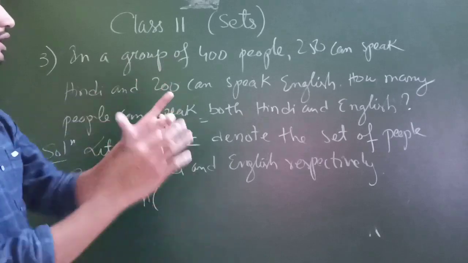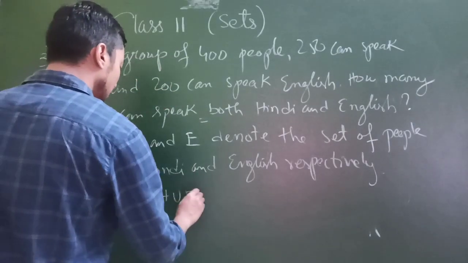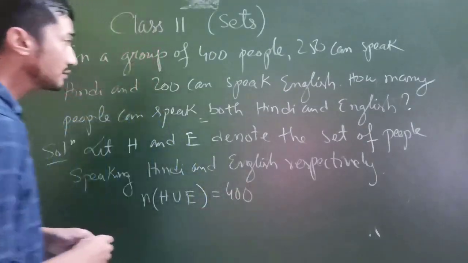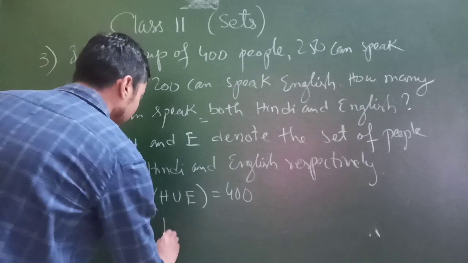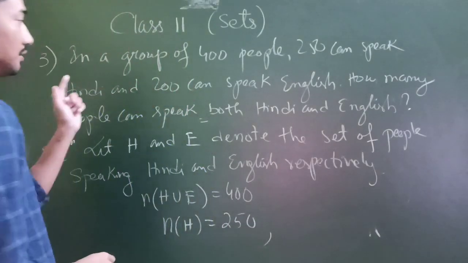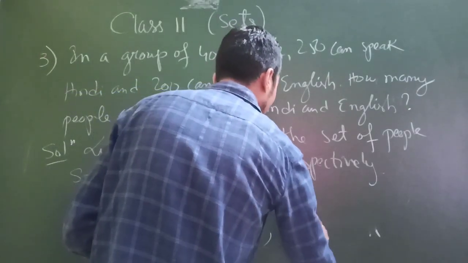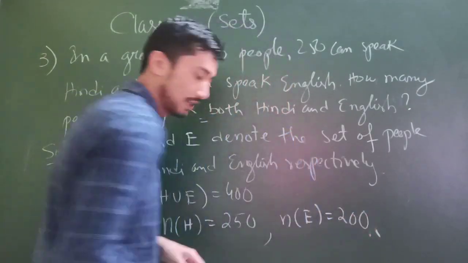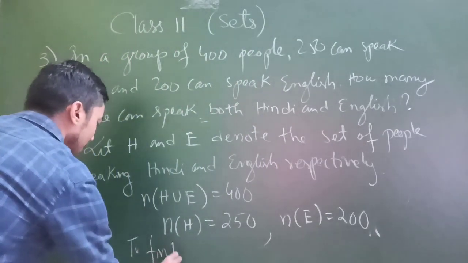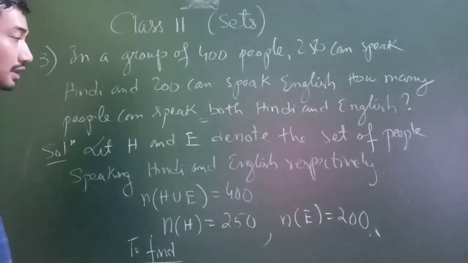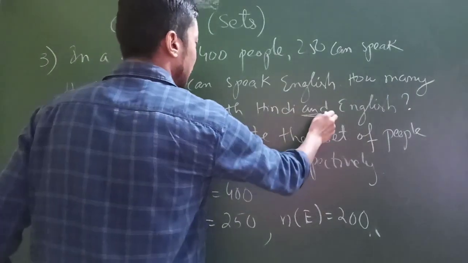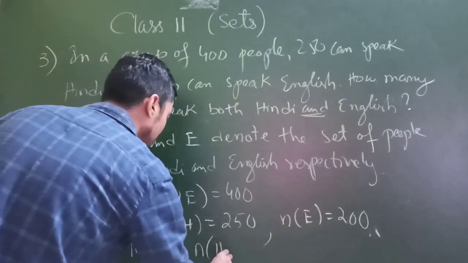So let's write down the details. In a group of 400 people, that means H union E, the combined total people that we have, is going to be 400. 250 can speak Hindi, so we have 250 people who speak Hindi. Then we have 200 people who can speak English. We're supposed to find the number of people who can speak both Hindi and English.